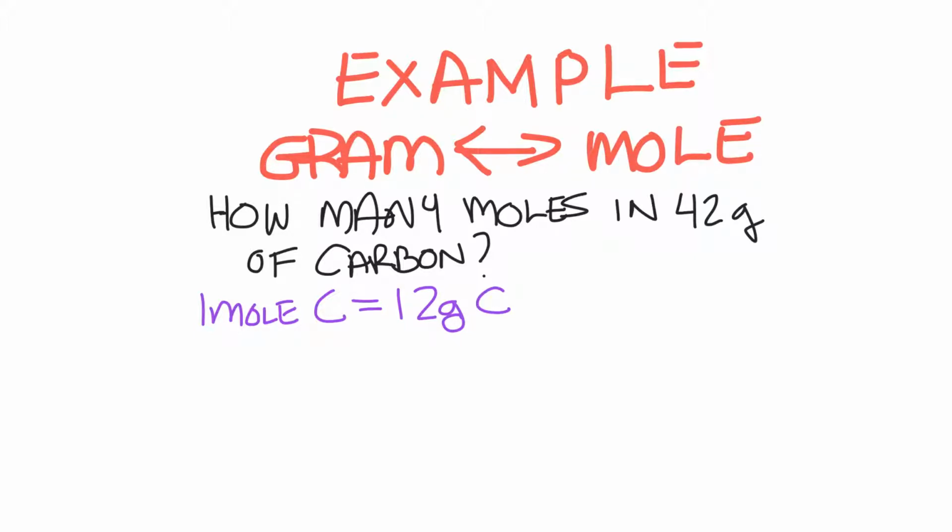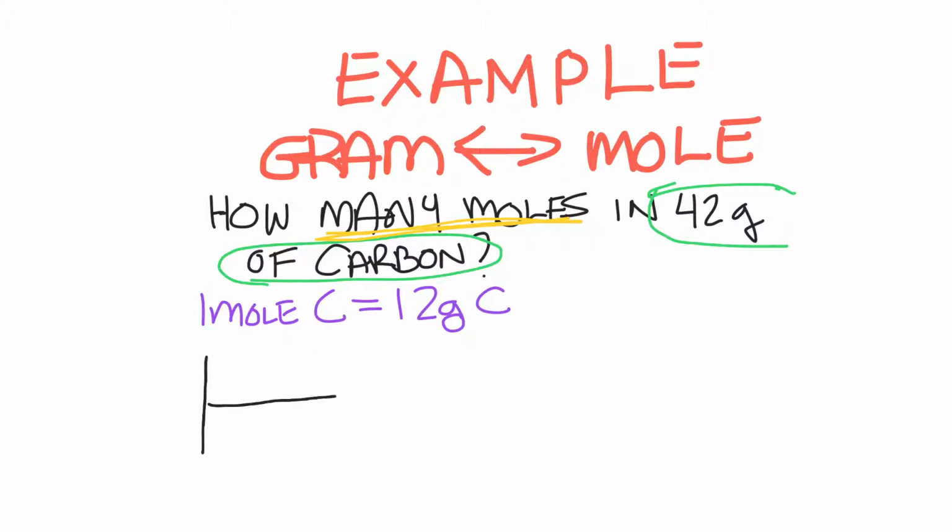Okay, so now that we have our conversion factor, our next assignment is to determine what we are given in our problem and what we are trying to find. So the first thing we know is we are given 42 grams of carbon. And what we want to find? Well, we want to find how many moles of that. So we're going to set up our picket fence, and we only need 2 sections to our fence today because we're only doing one conversion.